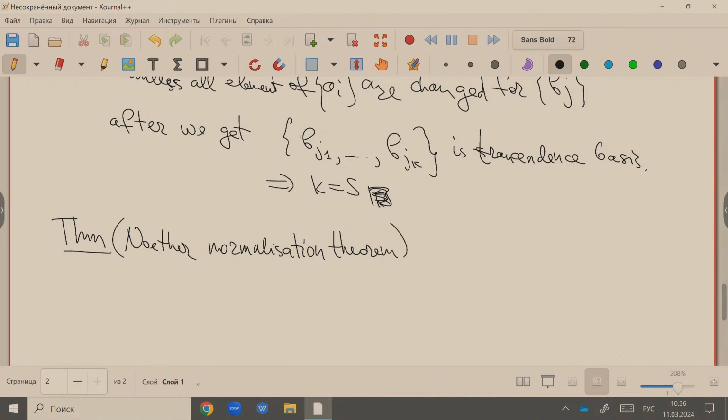It tells you the following. Yeah, so this is the theorem of Emmy Noether.